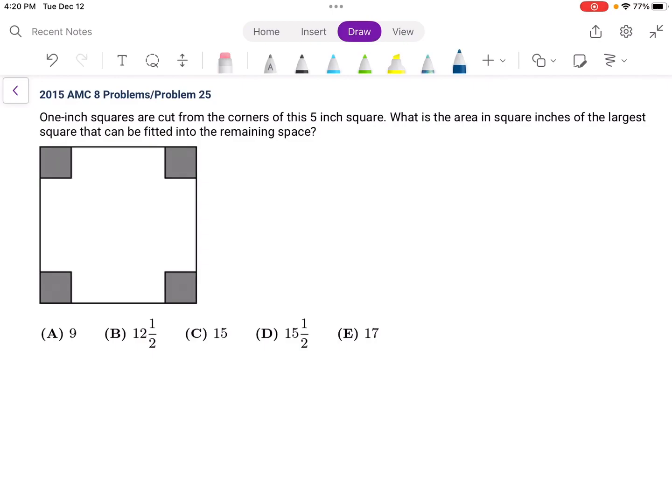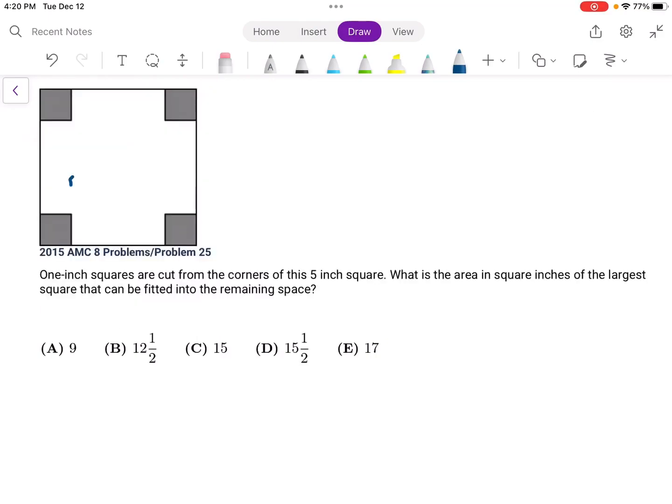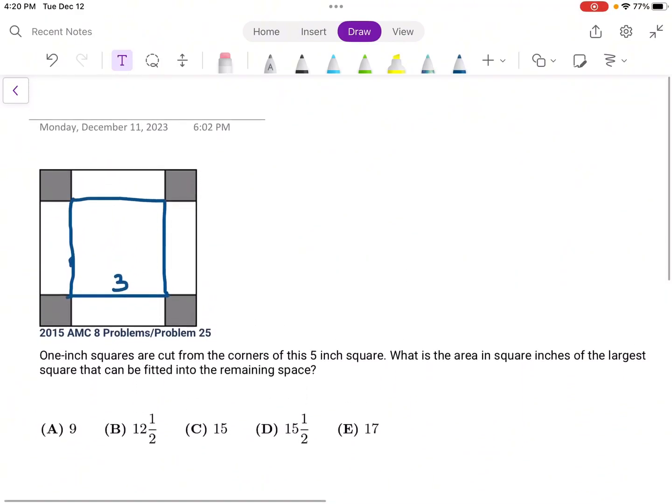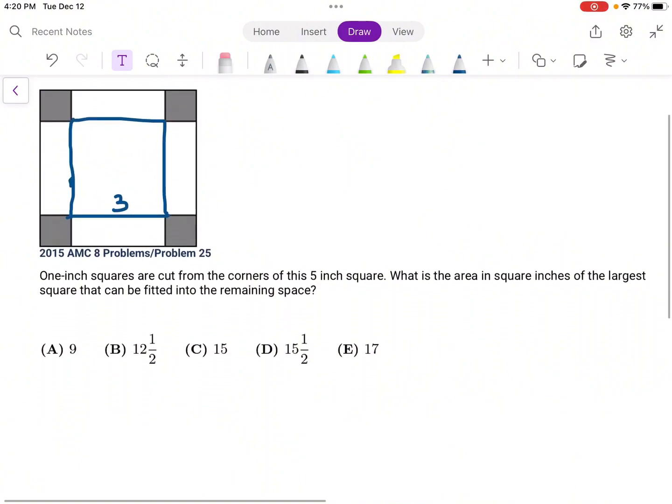Problem 25. For this problem, we can easily see that there is a center square with side length 3 here. And what we need to think about is whether there is any other square that is larger than the center square.